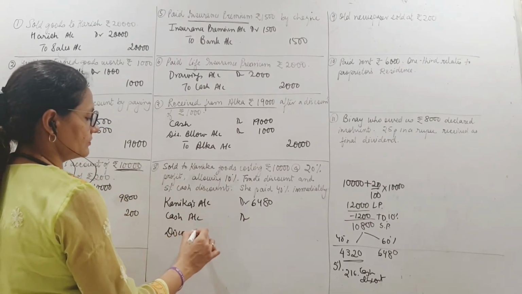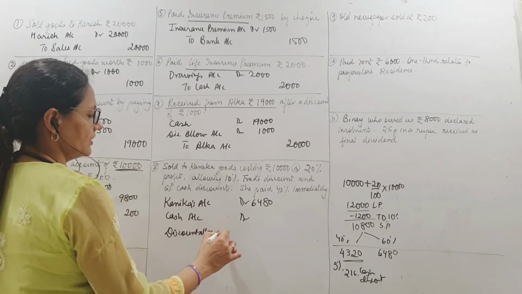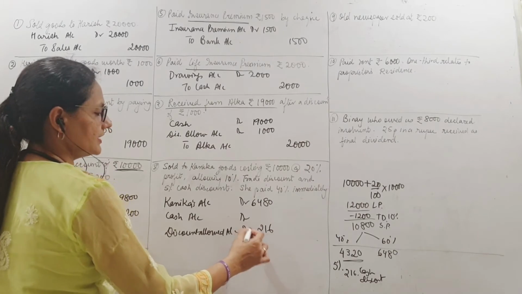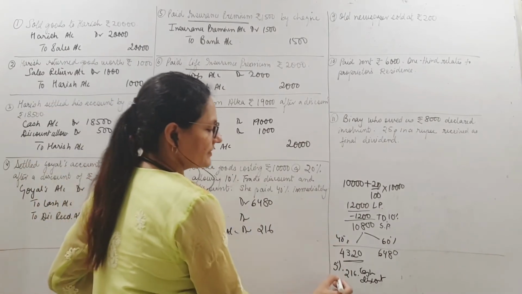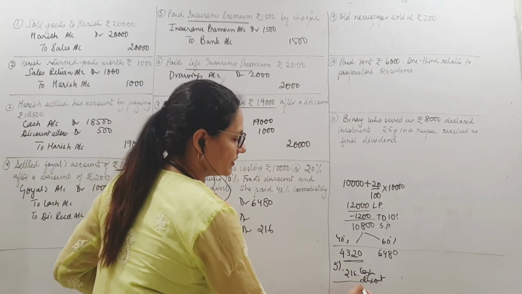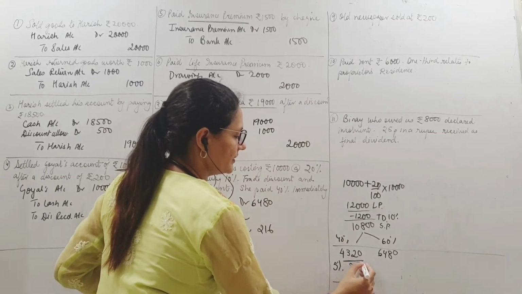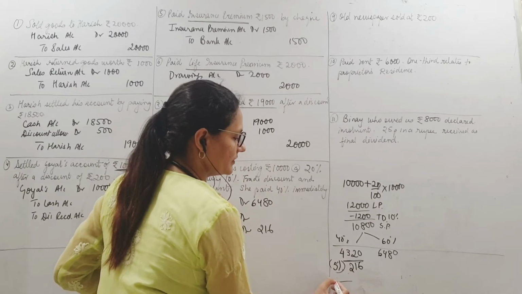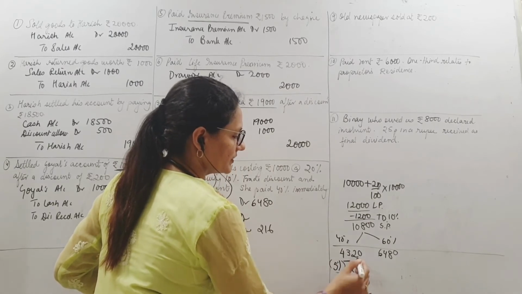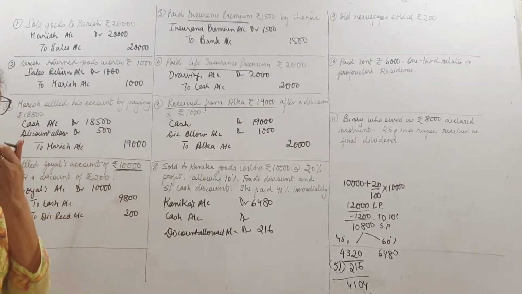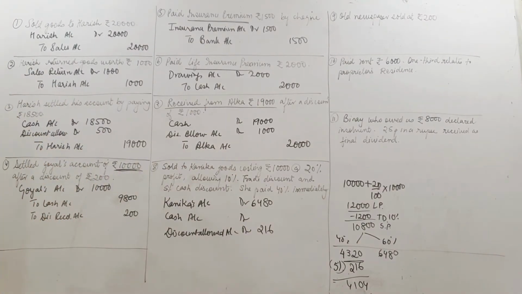So discount allowed account, first thing I will debit with 216 rupees. If I subtract 216 from here, okay, 216 rupees, 5% discount. Fine. So 4104 I should receive from Kanika. Correct?